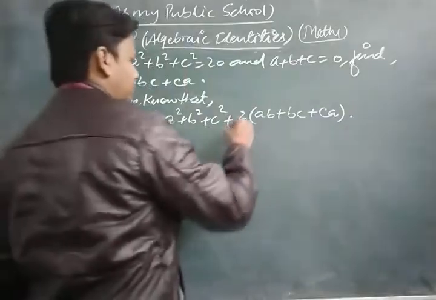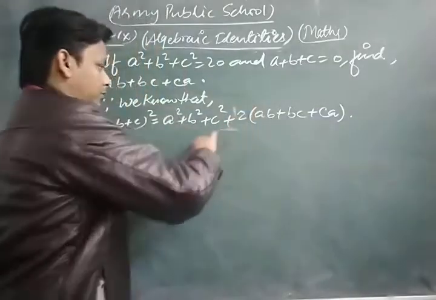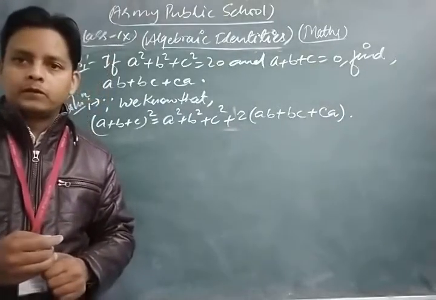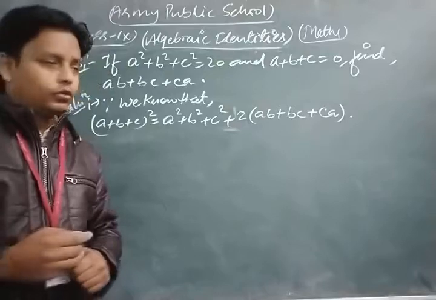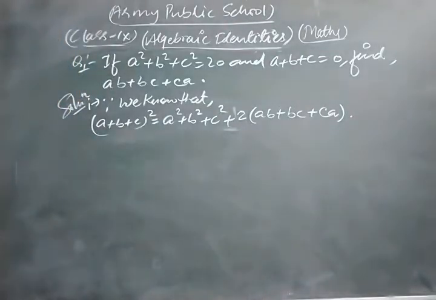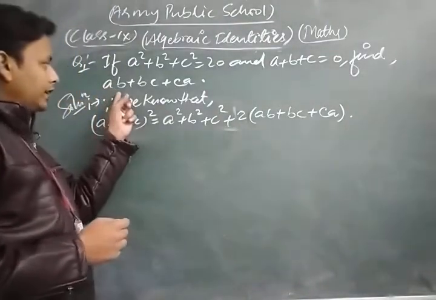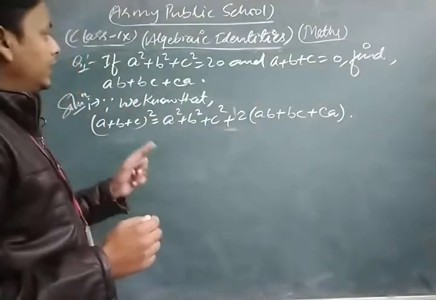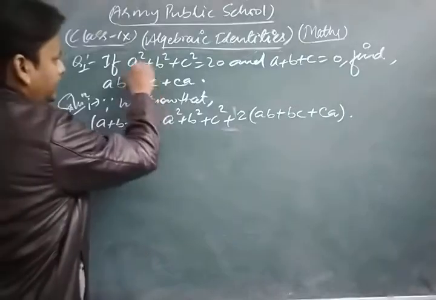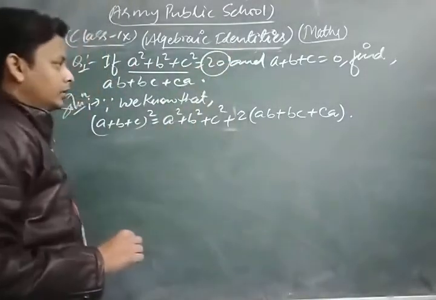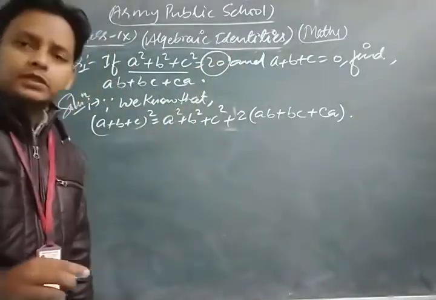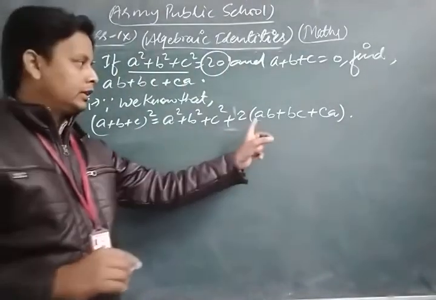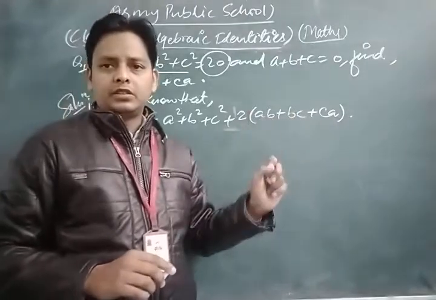Now look here, we find the value of ab plus bc plus ca. It is given that the value of a square plus b square plus c square is 20, and the value of a plus b plus c is equal to 0. Now we put all these values in the given identity and find the value of ab plus bc plus ca.